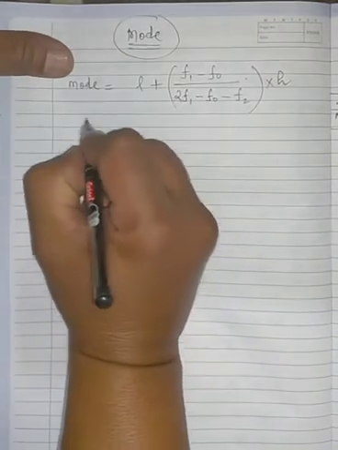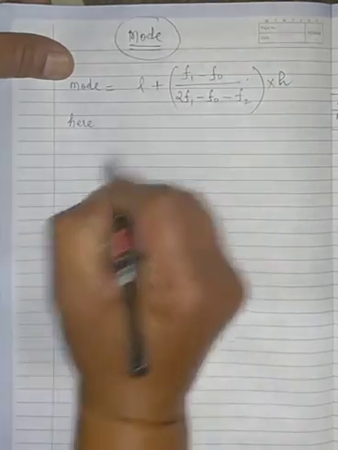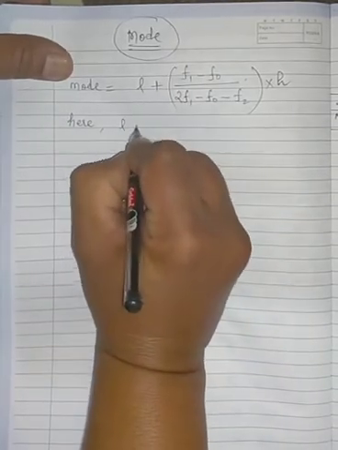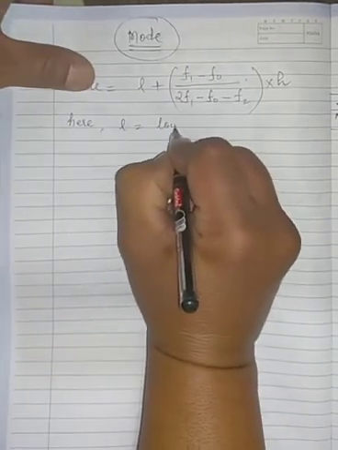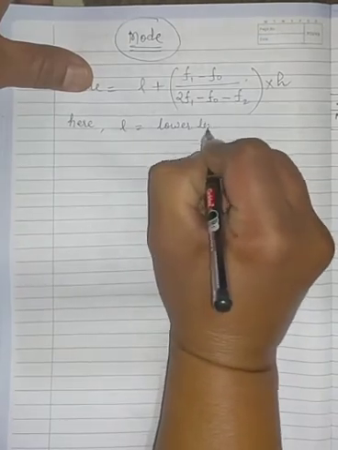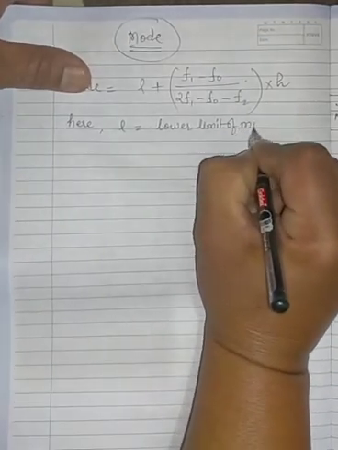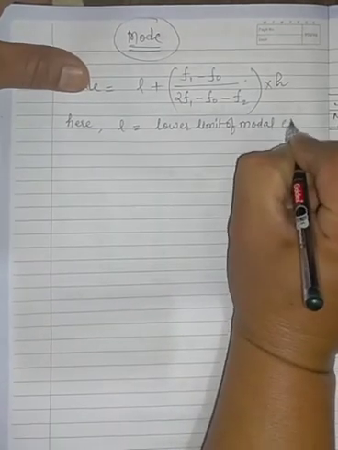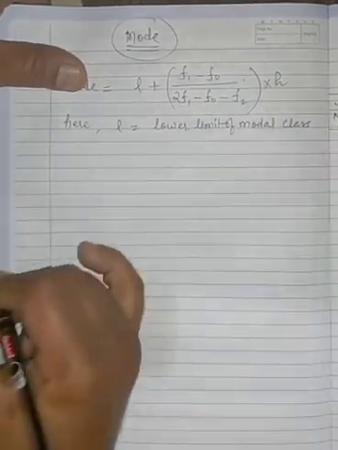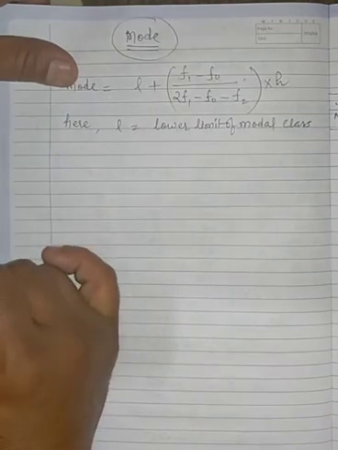Now, here L is the lower limit of modal class.